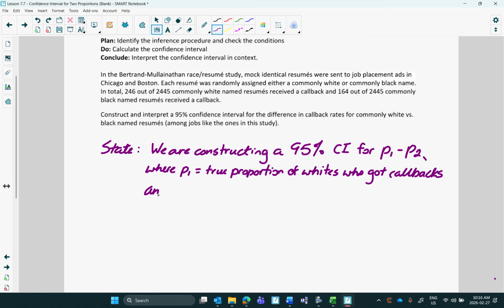And P2 equals true proportion of black names who got callbacks.